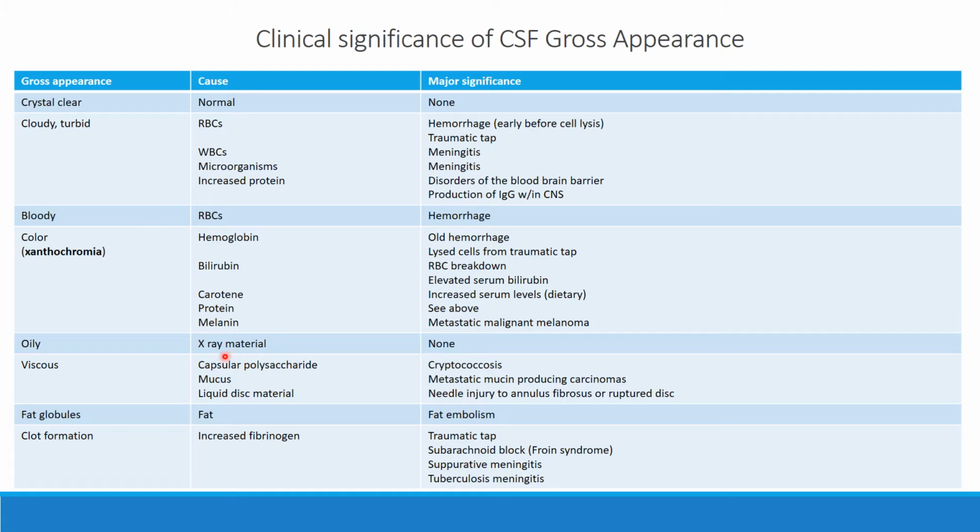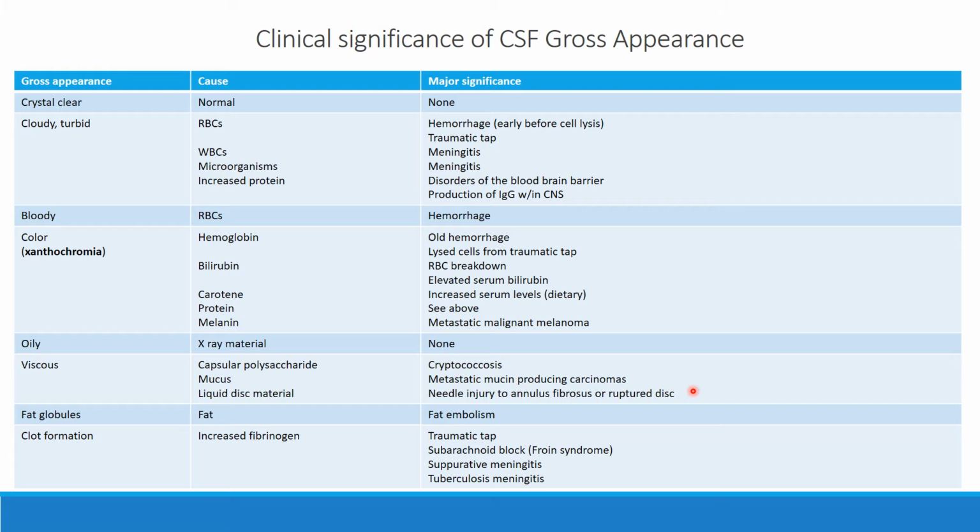Okay. Viscous specimens occur in particular with certain infections, such as Cryptococcus neoformans, which produces, in some cases, a very thick capsule and can give you a thickening of the CSF, as well as certain carcinomas that produce mucin.